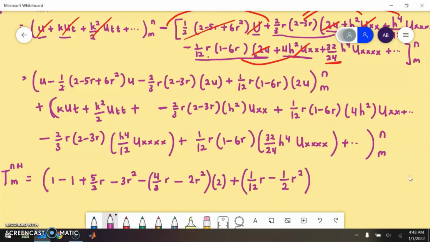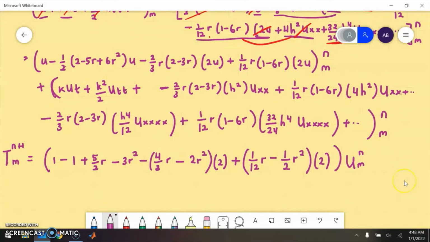This whole thing I still have to multiply by 2, and don't forget u_mn, taking out the u term at the end. Now we have plus, don't forget plus, so we have plus k u_t plus k²/2 u_tt, whatever term at m, n.